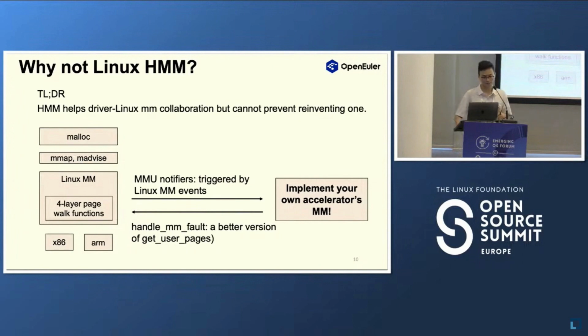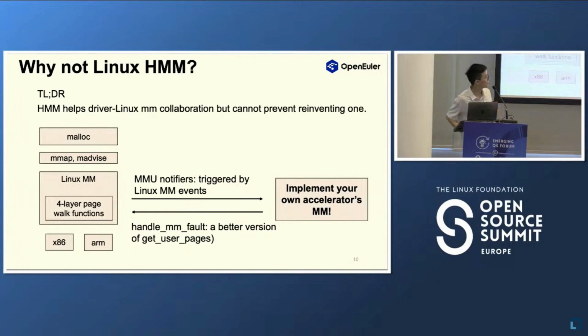We see that HMM only provides 2 mechanisms. One mechanism is the MMU notifier, which is triggered at the time of certain Linux MM events. If your device driver is using HMM, you may register some functions to be triggered at the time of certain Linux MM events, so that allows you to coordinate with Linux MM more easily.